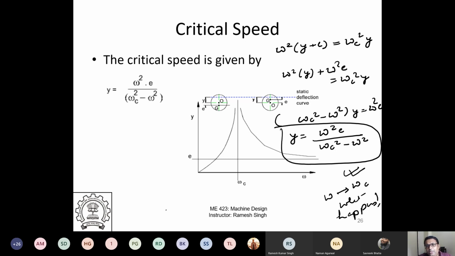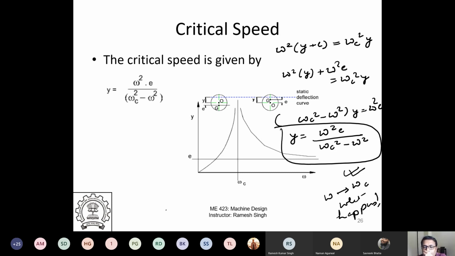So you need to be able to determine these critical speeds. So let me ask you a question. How do we determine the critical speeds for different conditions? How do I do that?